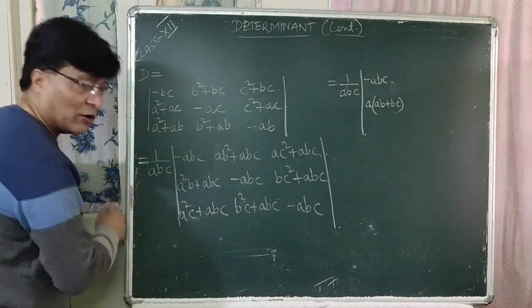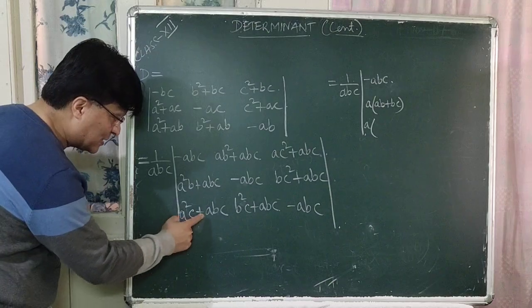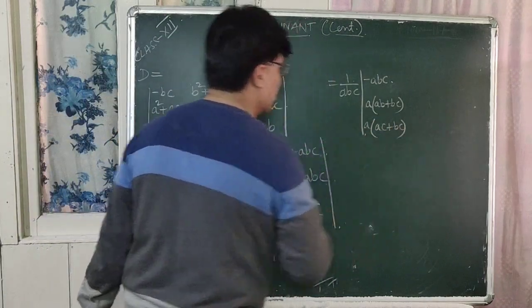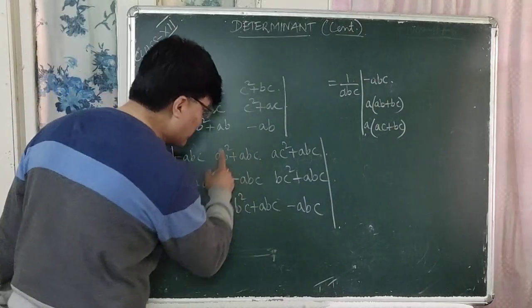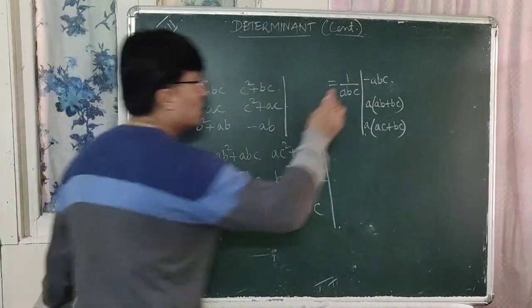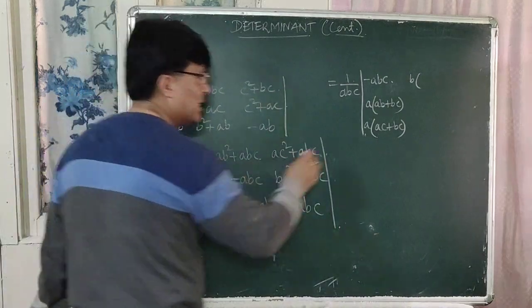Here also you take A common. If A is taken common within bracket, what do we get? AC plus BC, right? Now from the second column, you have to take B common. First of all, you take B common from this term. So within bracket, what do we get? AB plus AC.